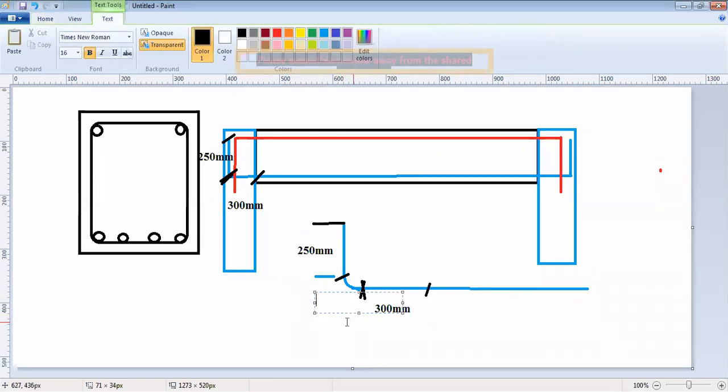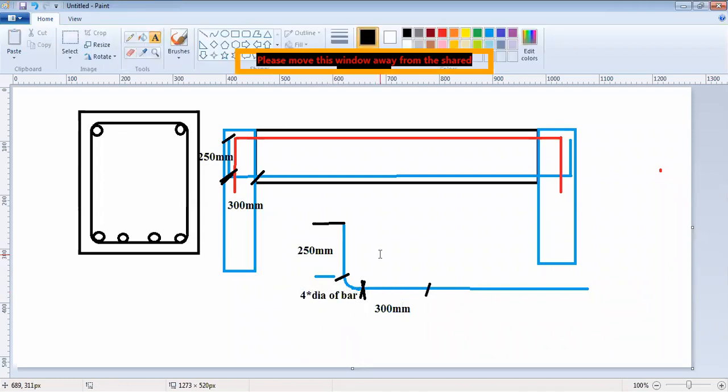The portion in the curvature is usually 4 times phi, where phi is the dia of the bar.